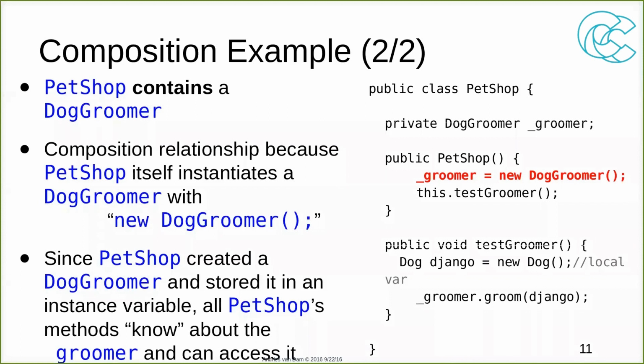Okay, so within test groomer, you are using the instance of say zoo, and then you are passing the value of say Django or say groomer to it, right? Is that what you asked? Yes.